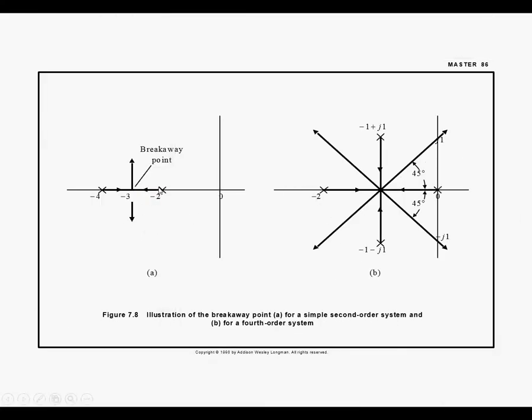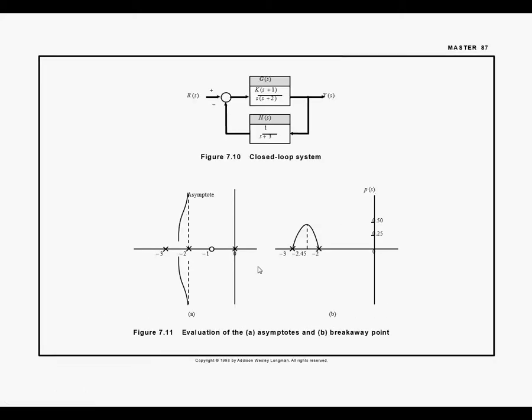See, for example, if you have this, here it shows very clearly the roots would go in and then they would break away. And in here, this would never go unstable. All right?